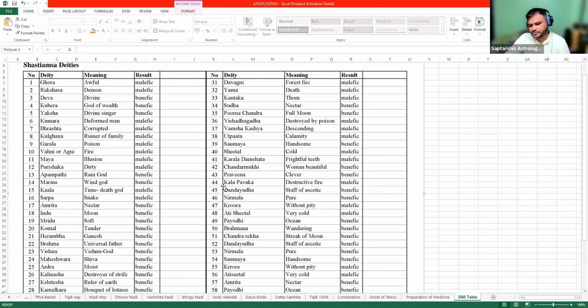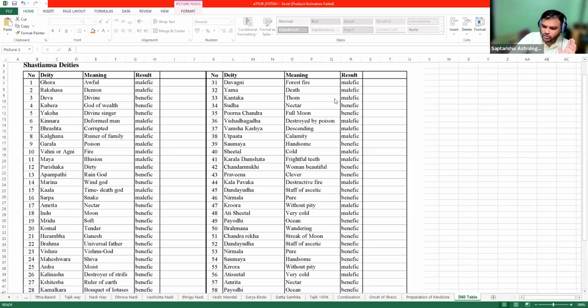Let's say what we need to do is, we know the health problems can be diagnosed by using the Lagna, 6th house, 8th and 12th. Correct? Lagna, 6th, 8th and 12th.